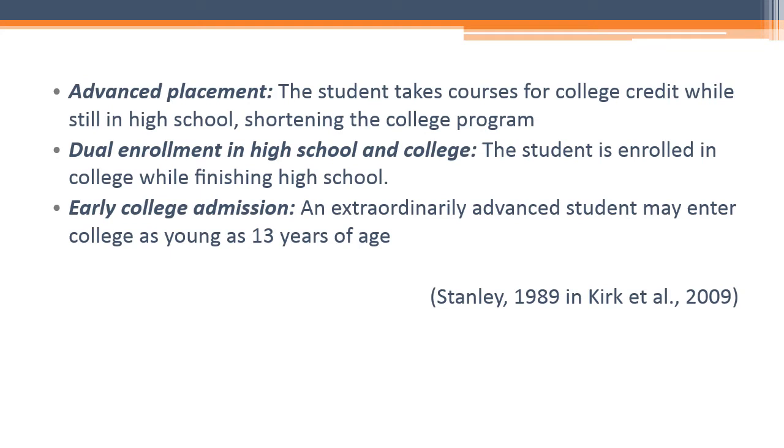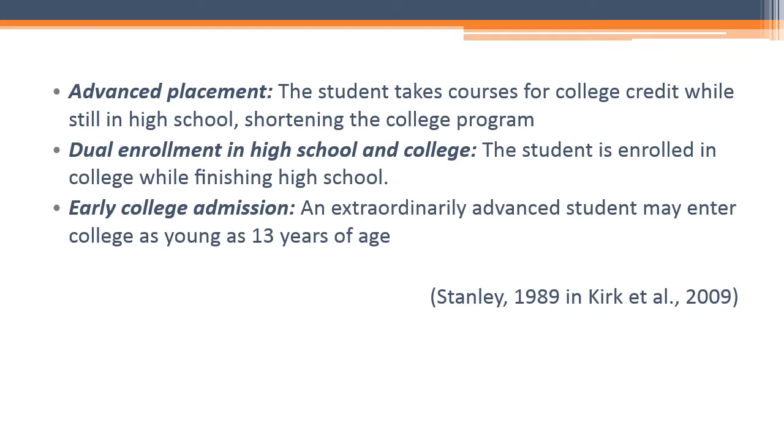Okay? Next is the dual enrollment in high school and college. Okay? So, ito matindi. So, we have enrolled ka sa college while finishing in high school. Parang ito kasi yung sa advanced placement credit, you are not officially enrolled in college, pero yung credit mo sa college, pinag-aaralan mo na siya sa high school.